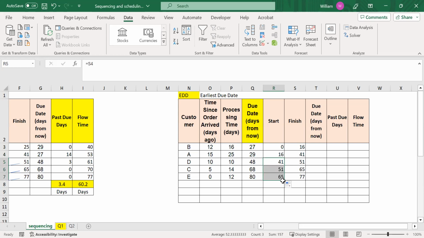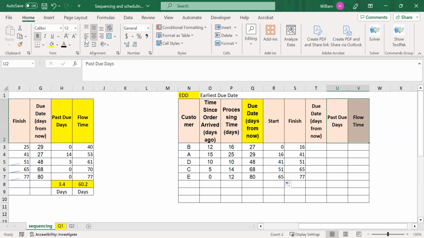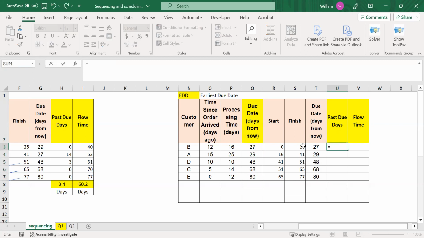Okay, so now we have our start and finish times. We can now figure out our past due and our flow times, because that's again our two variables of interest here. So my due dates, I just copy this over and I calculate my past due as finish minus the due date.